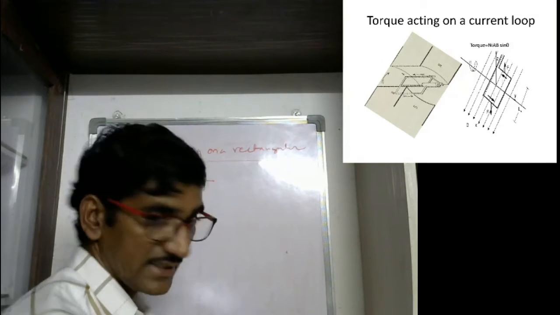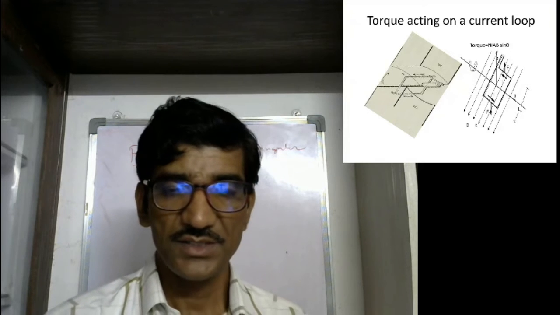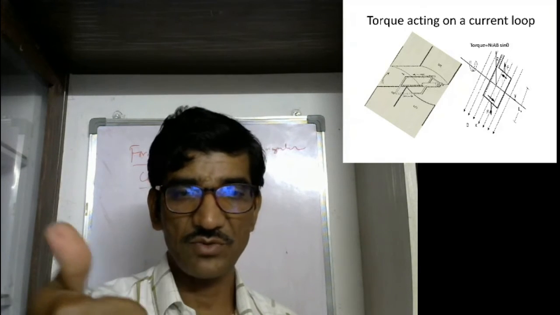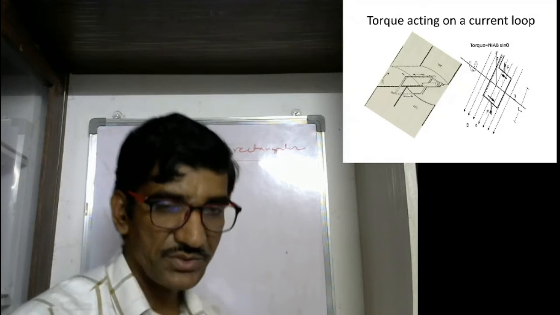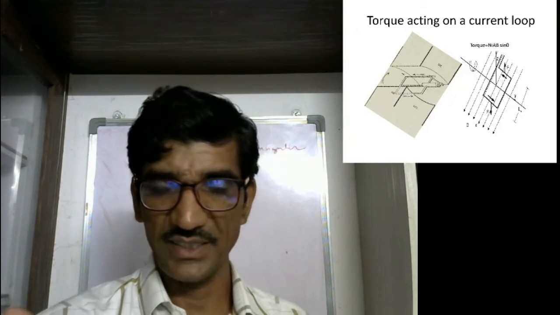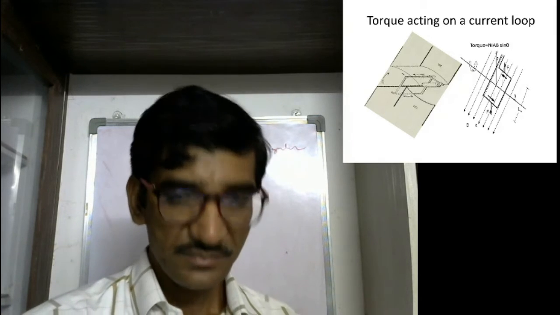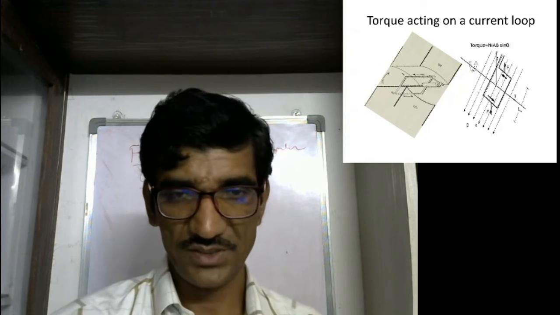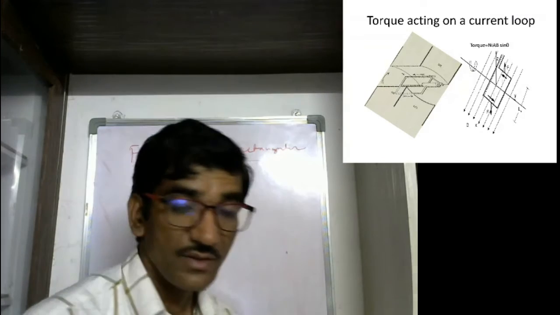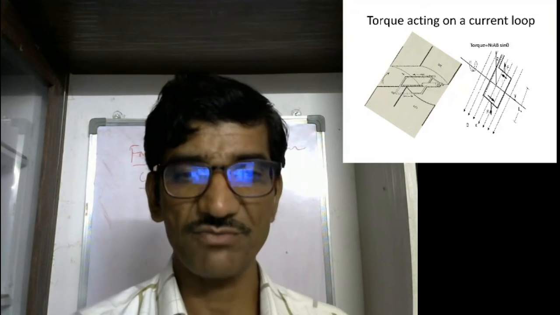Whenever there are two conductors, in the earlier case, by using the right hand thumb rule, you are able to find the direction of magnetic field. Then, by using the formula we just derived, we will be able to know the direction of magnetic force.